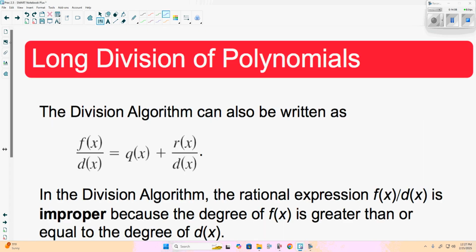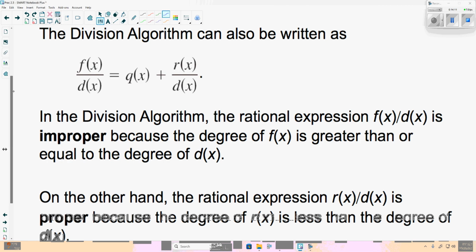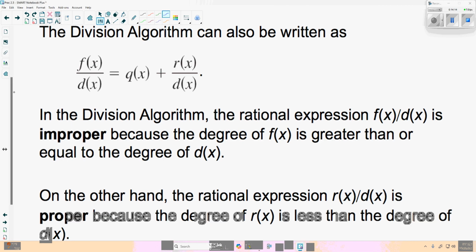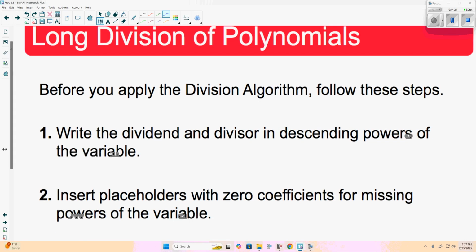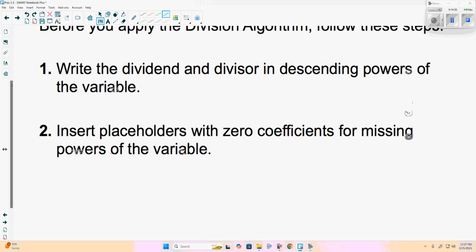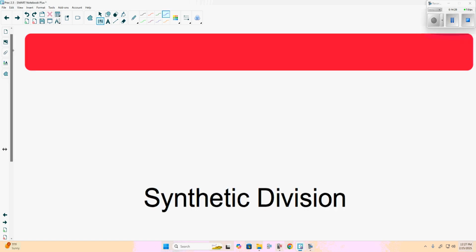Or we can write it in this way here where we have our whole part and the remainder divided by what we're dividing by, or an improper fraction. Before you apply the division algorithm, follow the steps, and we can get there.